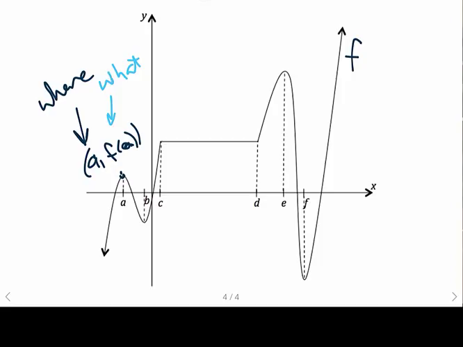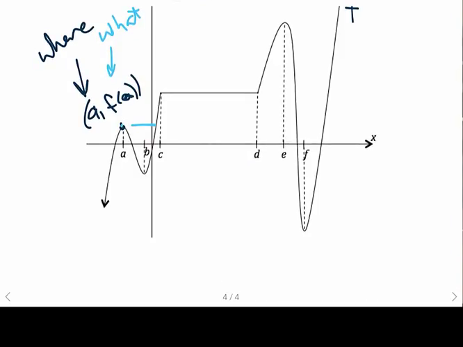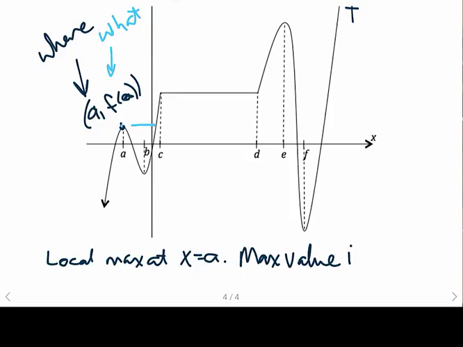In other words, when we're concerned with what the actual maximum is, what I want to know is the number on the y-axis. So to answer these questions, we're going to say something like there is a local maximum at x equals a, and the maximum value is f of a.